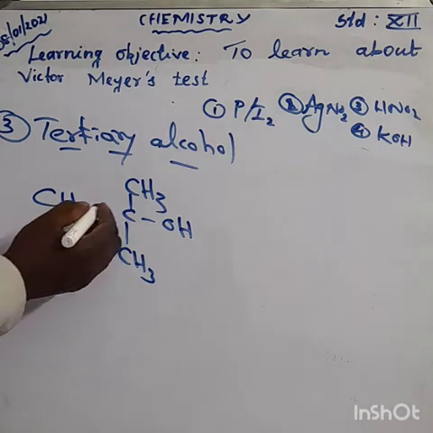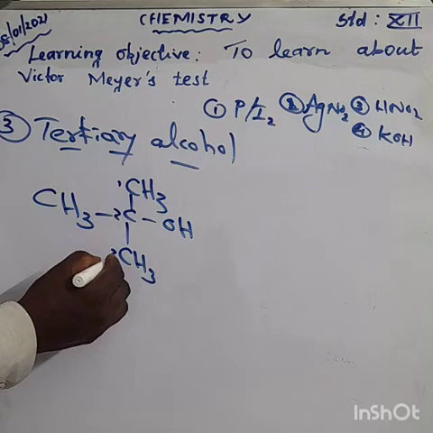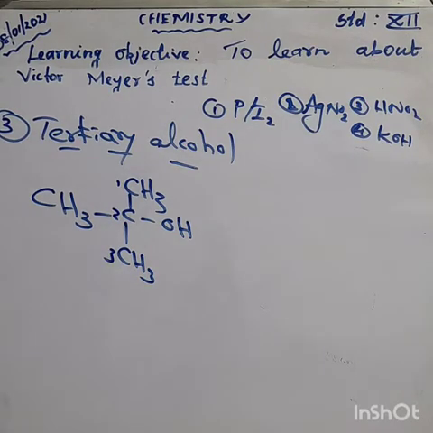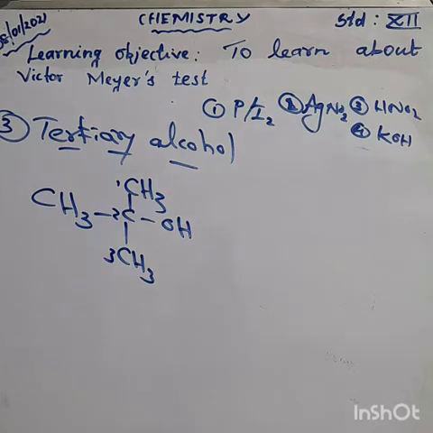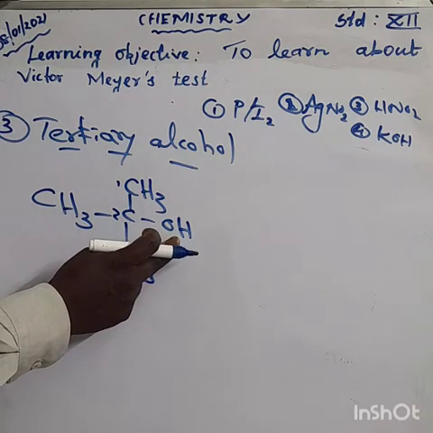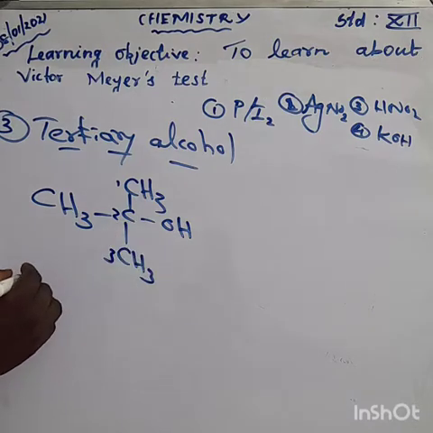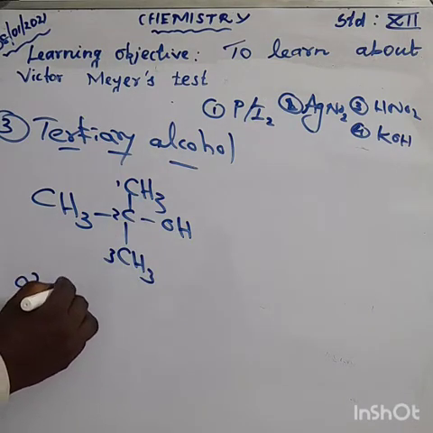Please give the numbers here: 1, 2, 3. This is the longest carbon chain. The second carbon has a methyl group and the functional group OH.